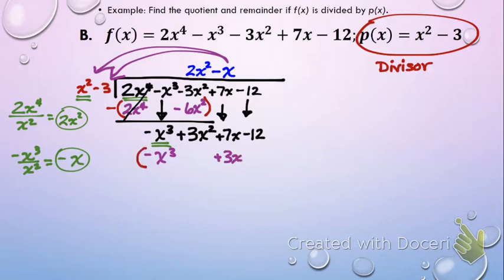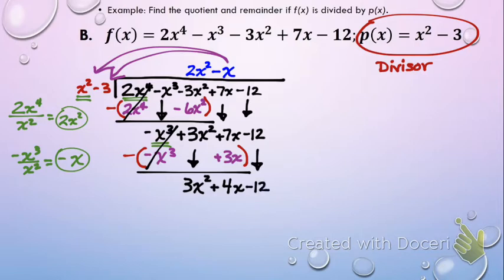We're going to subtract that whole thing. So I have negative x cubed minus negative x cubed. That cancels. Bring down 3x squared. Is this going to be 10x? No, it's going to be 4x, because we're subtracting it. And then I bring down this minus 12.